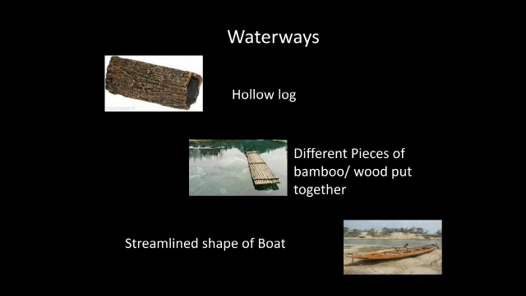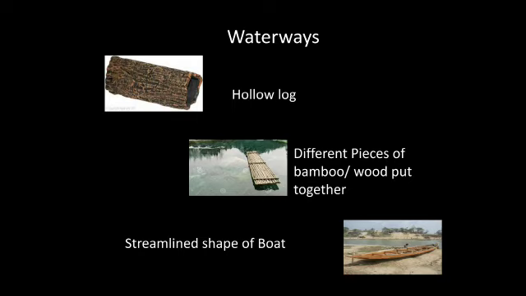Now the ancient people thought about traveling through water bodies. For that, they took a hollow wood log. You can see in the picture, a hollow wood log. They saw that this hollow wood log is floating on the water, so they thought people could sit on it and row it to move. But it was able to transport only 2 or 3 persons.